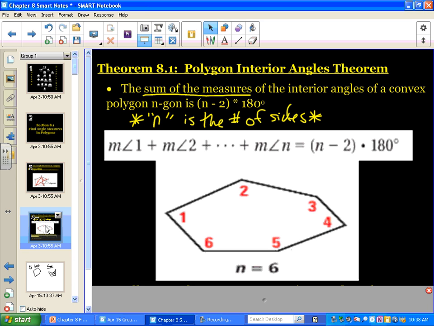So n minus 2 times 180. So for example, if we had a 10-sided shape, a decagon, our n would be 10. We would do 10 minus 2, which is 8, times 180. And that would be the sum of all of the angles of a convex decagon. When I add up all the angles, this theorem will give us that sum.